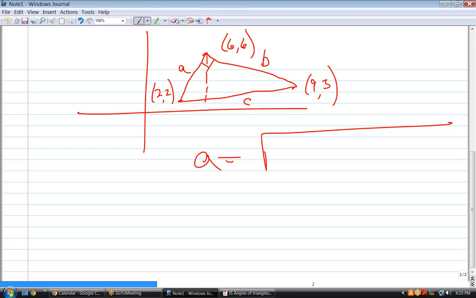Well, hold on. It actually is the hypotenuse of this triangle. What is the distance from this point to that point? It's the difference in the x values squared added to the difference in y values squared. So what is that distance for A?